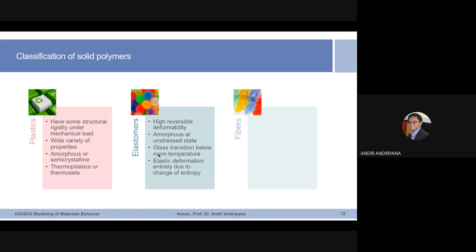We change the irregularity of the microstructure of the materials. Unlike in metals, where the elasticity is attributed to the change of internal energy, while here it is the change of entropy. We are going to have a look back there.